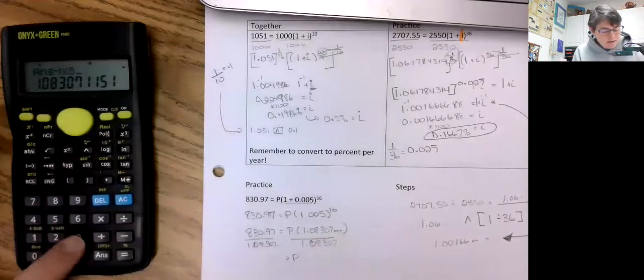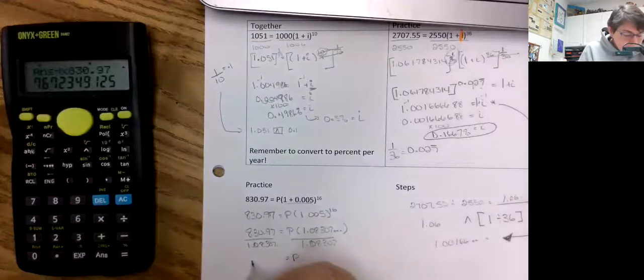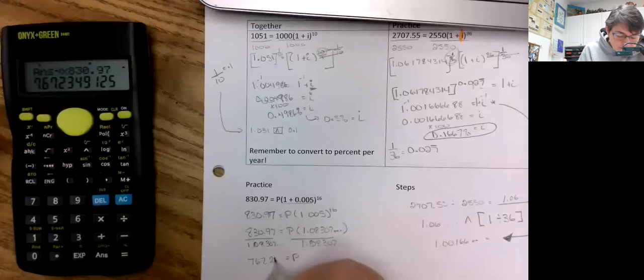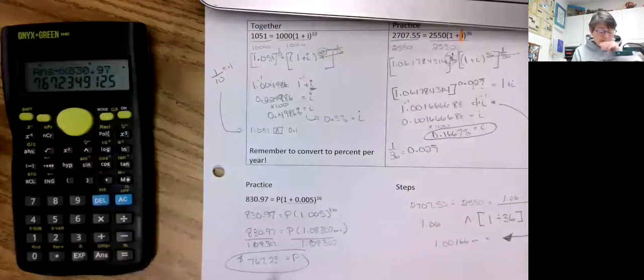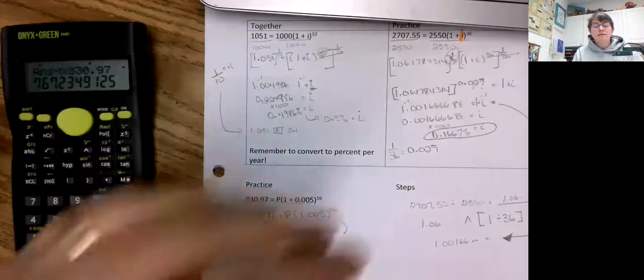Times 830.91. And I get 767.23. So remember, that's my principal. Should always be less than my accrued. Okay, I think that's enough videos for today.